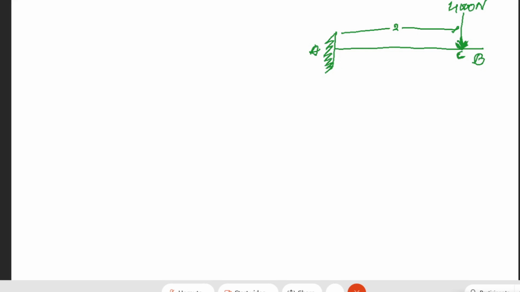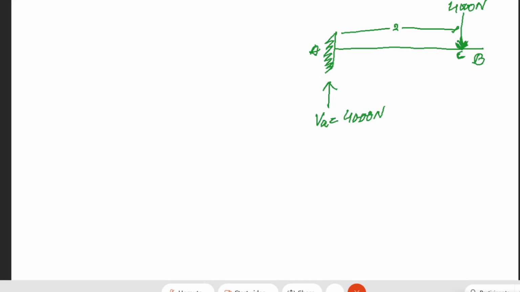It is simple. If it has a load of 4,000 Newton at point C, in order to be in equilibrium, the reaction at point A should also be how much? It should also be 4,000 Newton, because only then will it be in equilibrium. Otherwise, the structural member will fail.